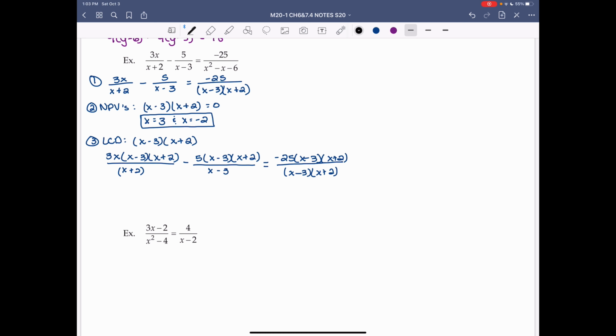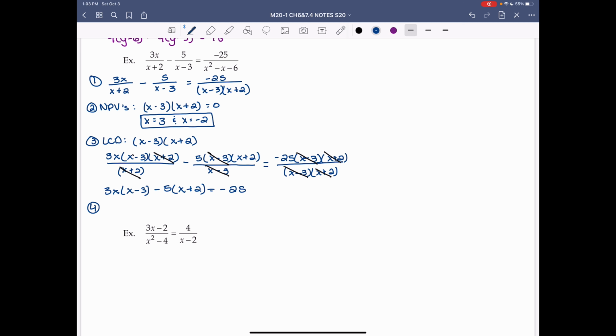In the first fraction, we can divide out x plus 2, x plus 2. Second fraction, divide x minus 3, x minus 3. Third fraction, x minus 3 and x plus 2 divide out. We then have 3x times (x minus 3) minus 5 times (x plus 2) equals negative 25.